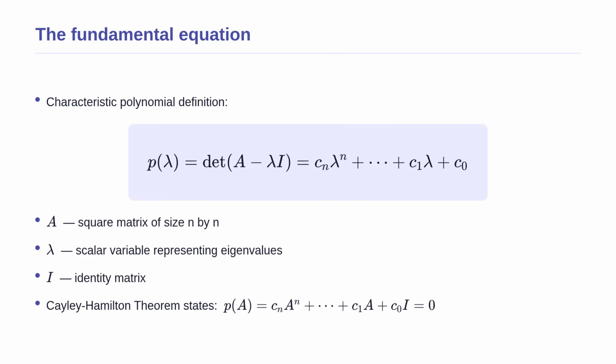When you calculate this determinant, you get a standard algebraic polynomial. The Cayley-Hamilton theorem states that if you replace the scalar variable lambda with the matrix A itself, the entire polynomial evaluates to the zero matrix. Notice that the constant term C0 gets multiplied by the identity matrix because we are now operating entirely in the world of matrices.